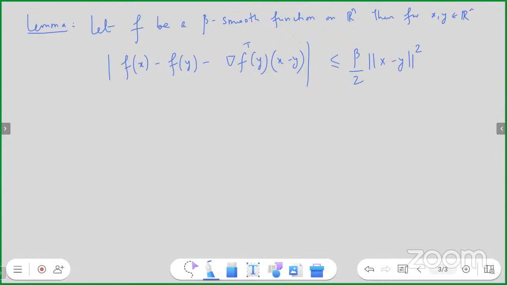You would like to get rid of these f of x and f of y. So how do you make it precise? Another hint: can you write the left-hand side as an integral of something?